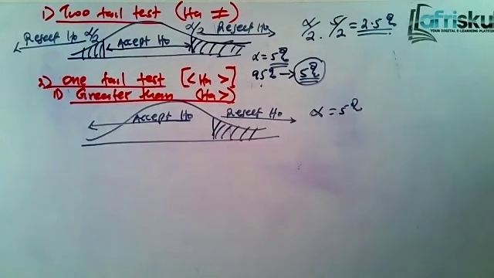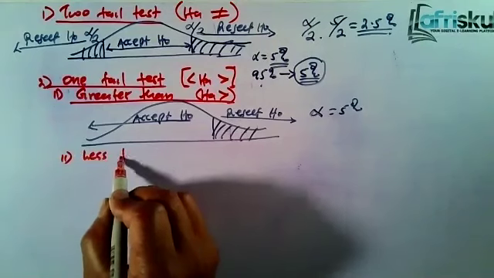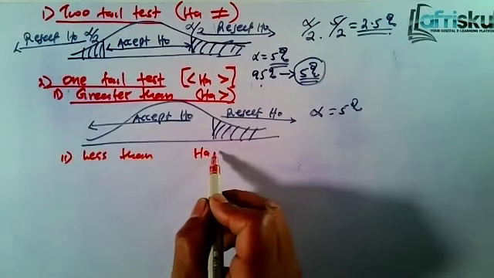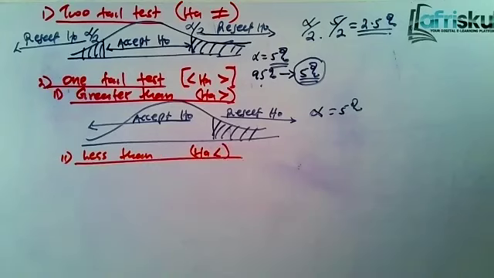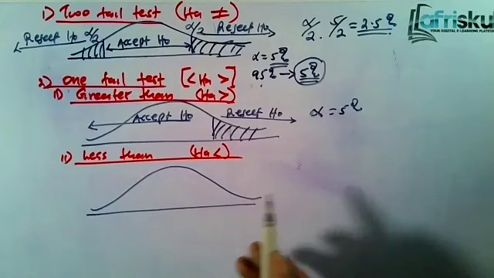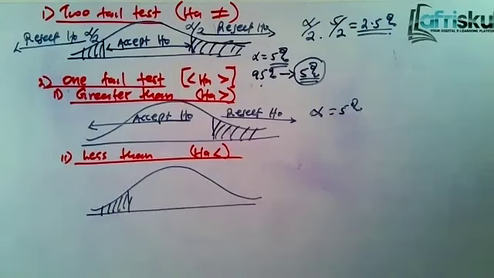And also, when it's less than, in that case, how do we show that? So still this one will be a one tail test, but since it's less than, you show it on the left hand side.